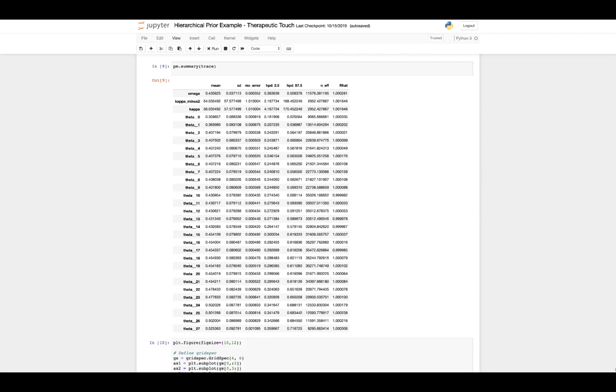We can see this even more clearly when we look at the table of each one of those values from the trace, which summarizes the values from the traces for the Markov chains. This shows it for each one of the 28 practitioners. Notice the highest posterior density region between 2.5 and 97.5. You'll see that every one of these practitioners bounds 0.5.